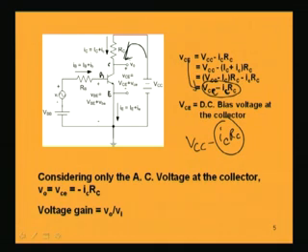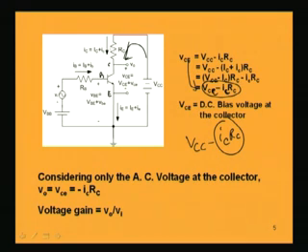V naught is basically minus small ic into RC, and this minus is happening because, as we have seen just now, an increment of IC will cause a decrement of VCE.